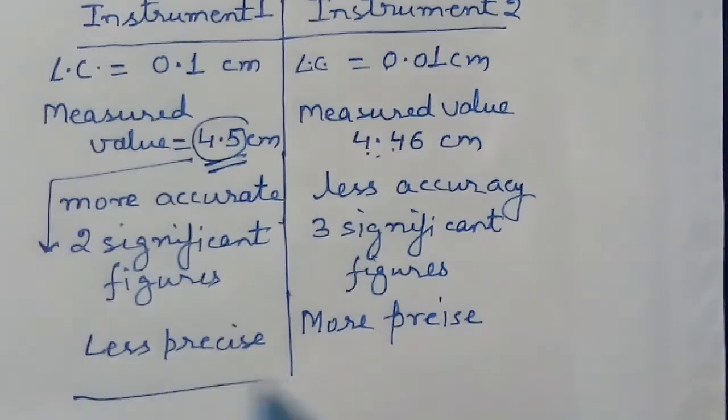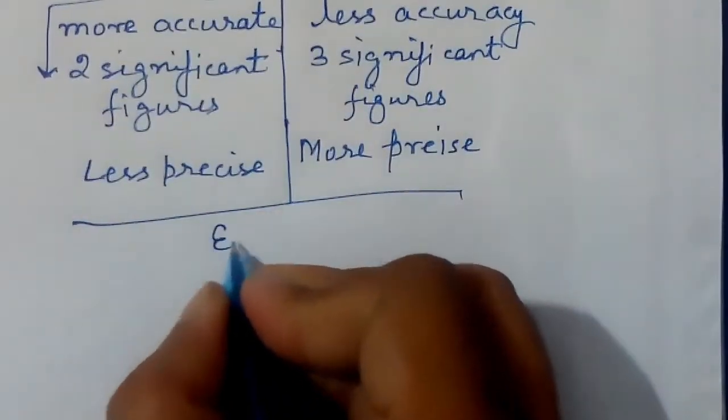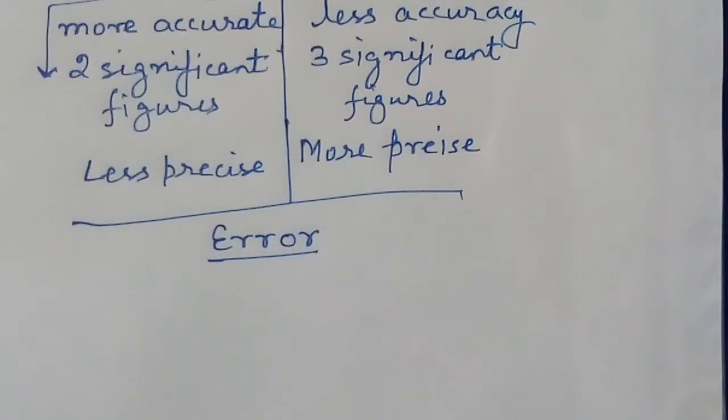Now the question arises, errors. We are dealing with errors. So what are errors? We can say in general terms, during any experiment with any accuracy or with any precision, we cannot perform any experiment without error.